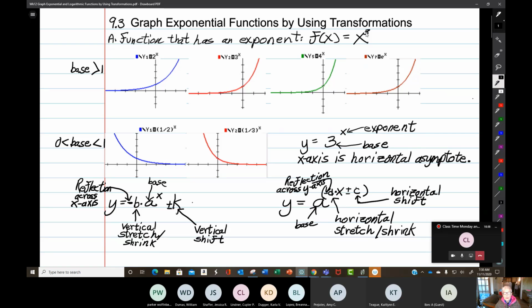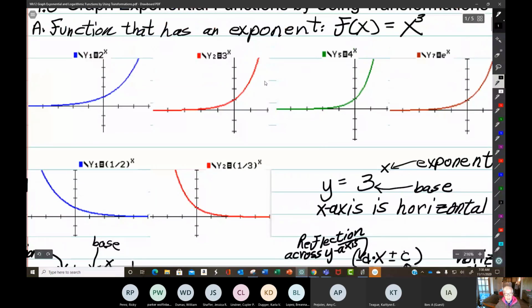But exponential functions look like this. The base here is x. I remember that the base is the base because it pushes up the exponent, like you would expect a base to do.